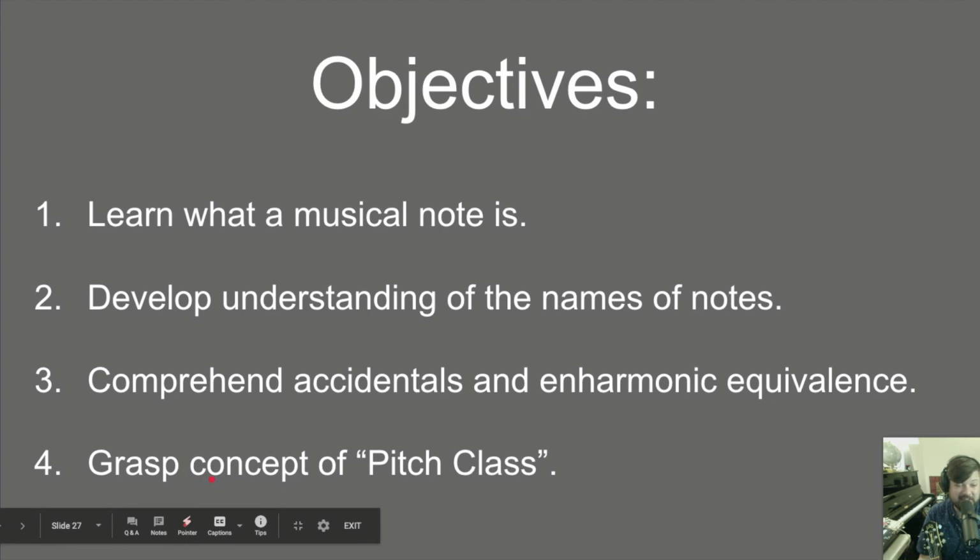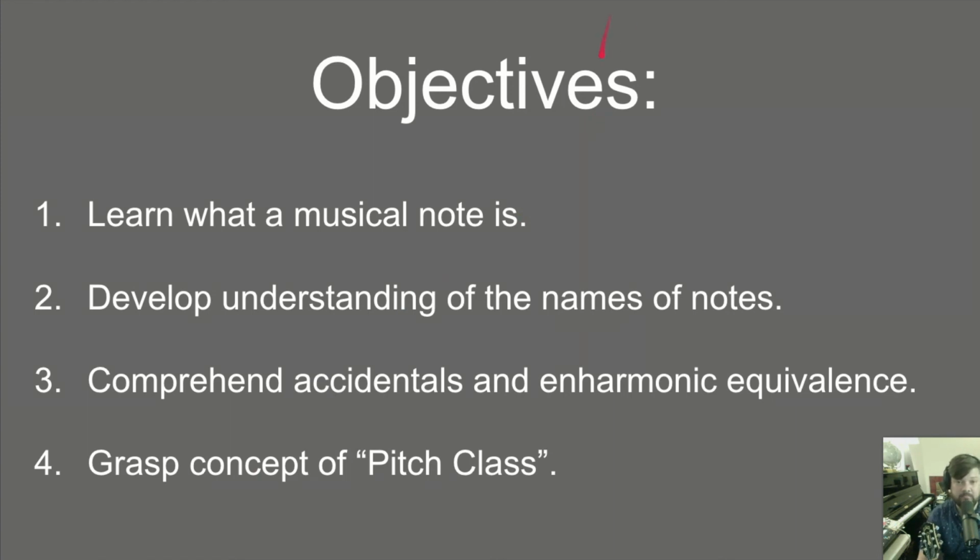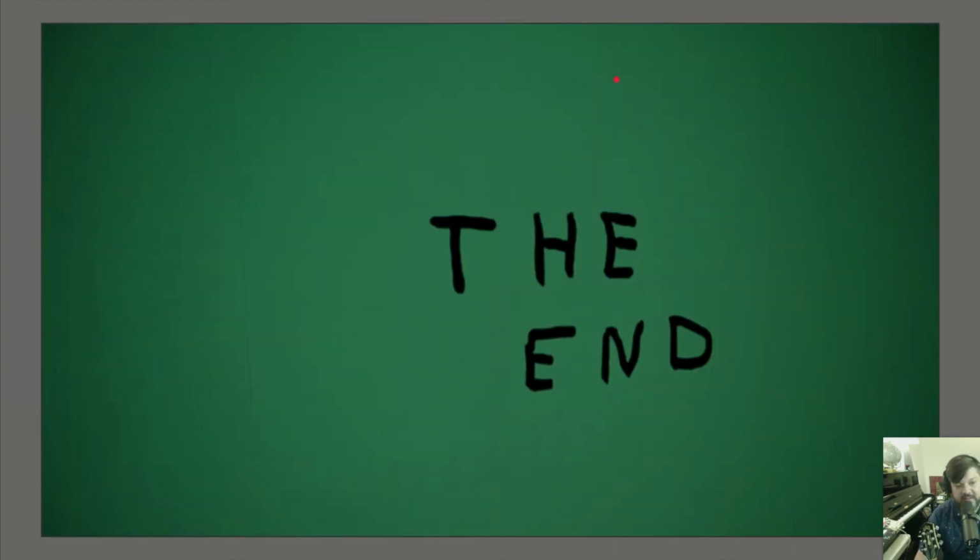I think so. It's just saying like all the A's, right? But all the A's are also all the G double sharps. It's the same pitch. It's just, in some songs you're going to call it one thing, in other songs you're going to call it another thing. And you're going to learn why later in a future lesson. But that is the end. That's the end. Good job, guys.